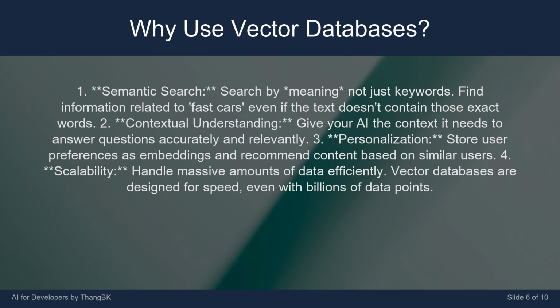Personalization. Store user preferences as embeddings and recommend content based on similar users. 4. Scalability. Handle massive amounts of data efficiently. Vector databases are designed for speed, even with billions of data points.